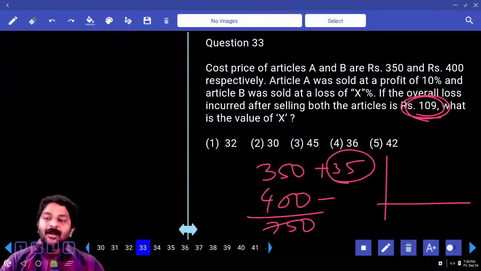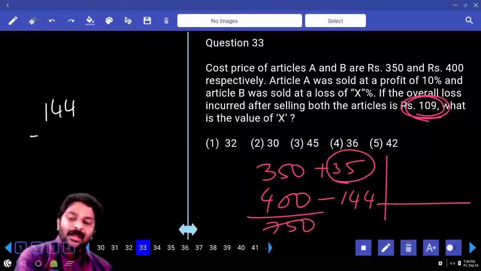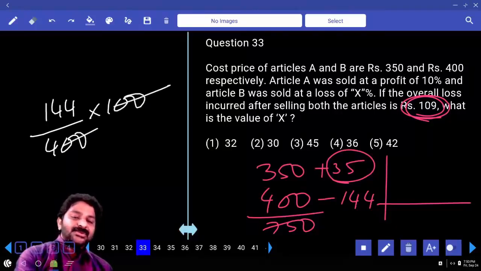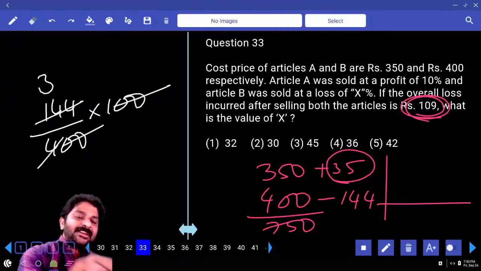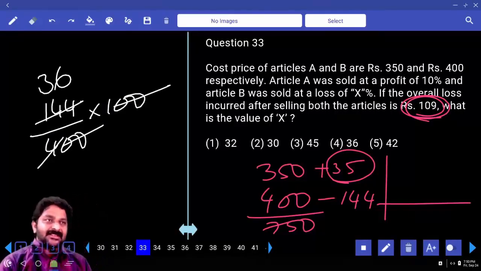How much is the sum of both the numbers? 144. So loss making on the second item is 144 out of 400 percentage into 100. 2 zeros cancel. 4 3 times and 4 6 times. 36%, fourth option final answer.